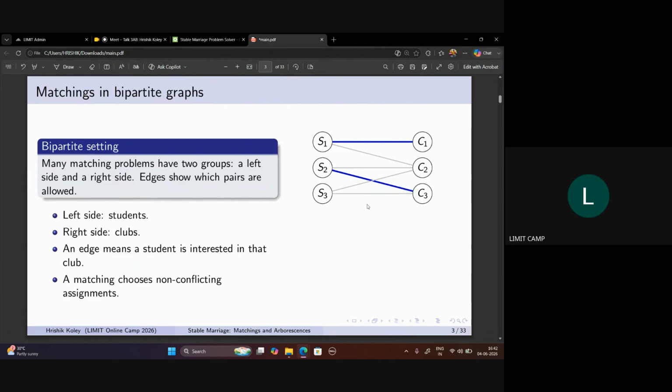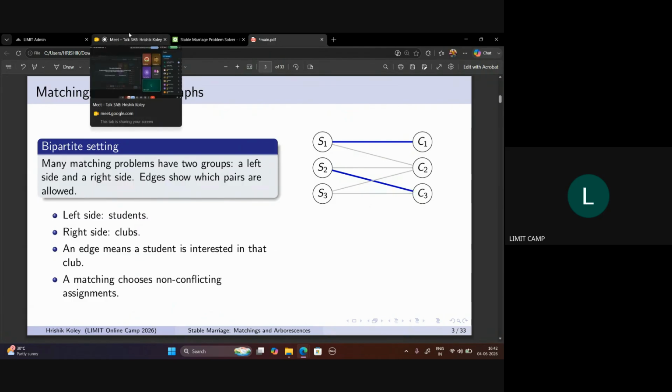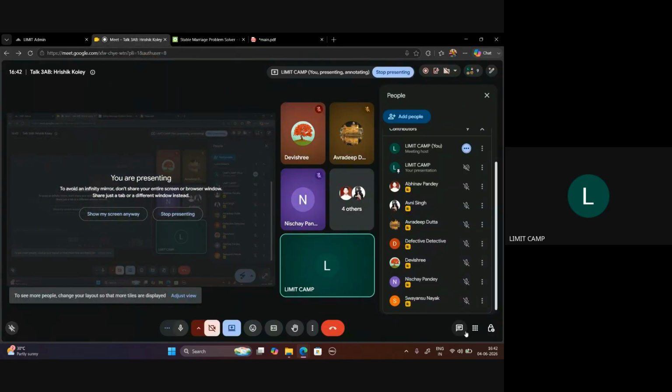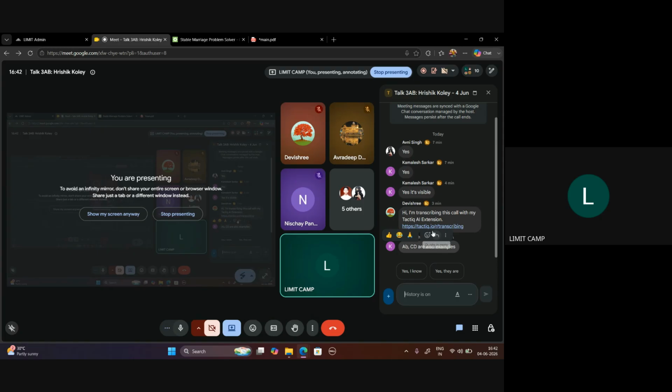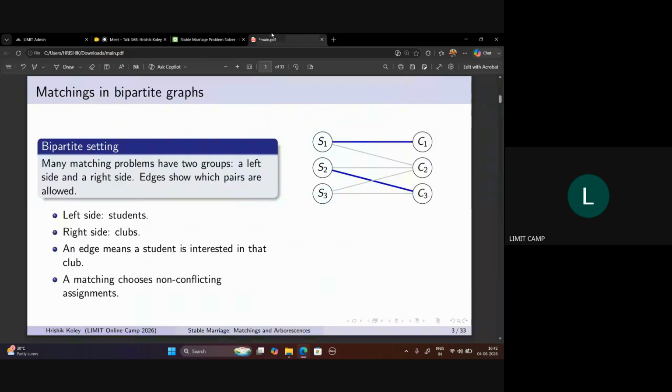Do you know what bipartite graphs are? Or anybody who does not? Okay, good. Maybe I'll again formally define it.